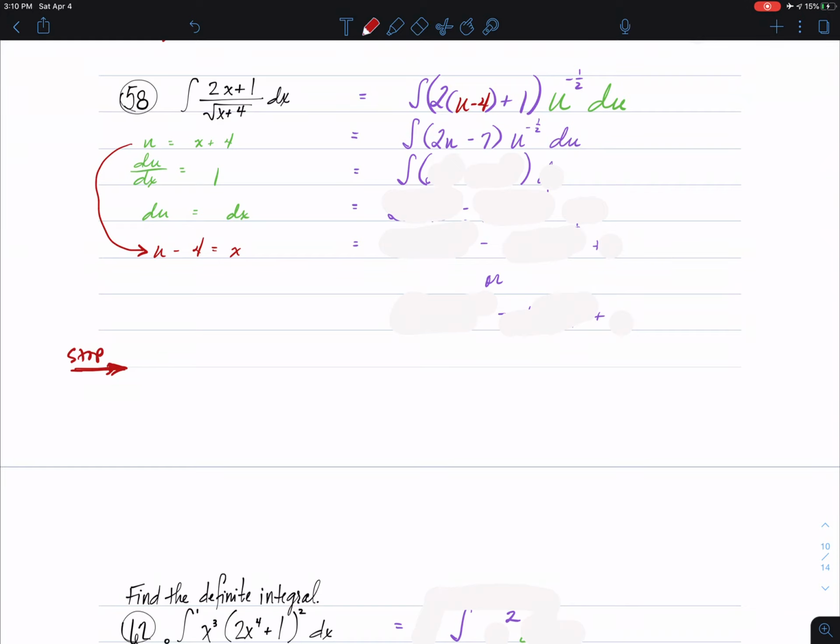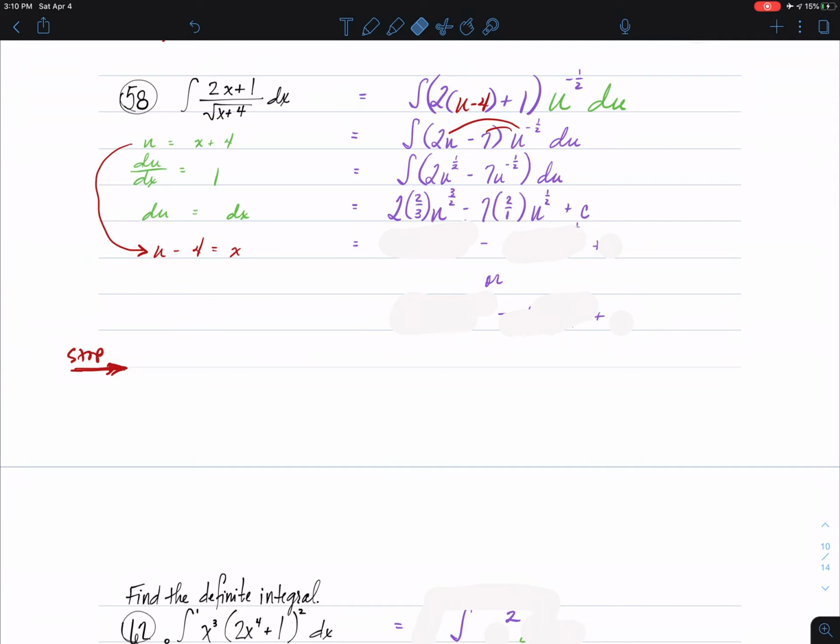And then again, we can distribute. When we distribute, you're going to get 2u to the 1/2 power minus 7u to the negative 1/2 power du. We can integrate. That'll be 2/3 u to the 3/2 for the first term, and 2u to the 1/2 for the second term, plus c.